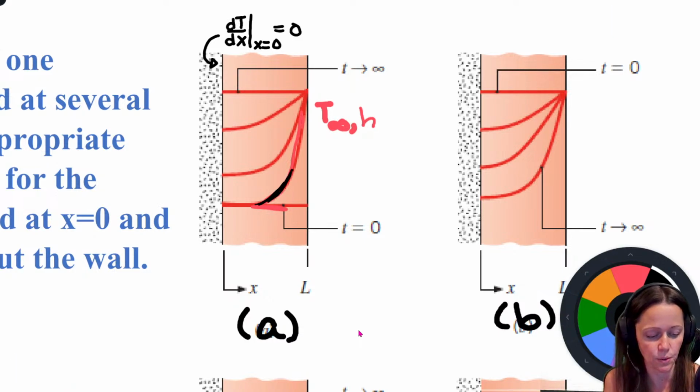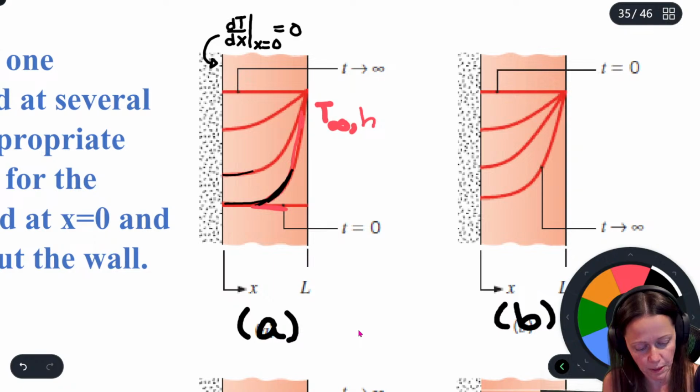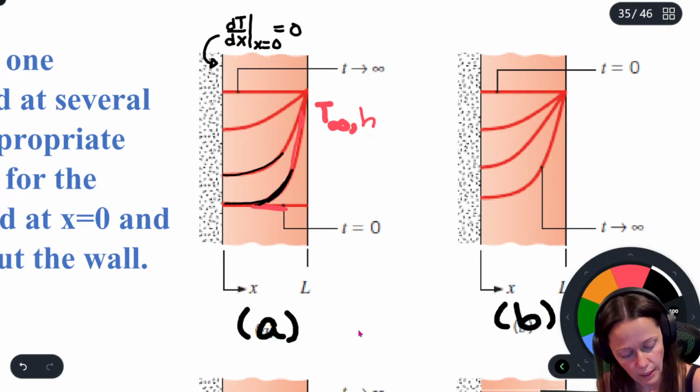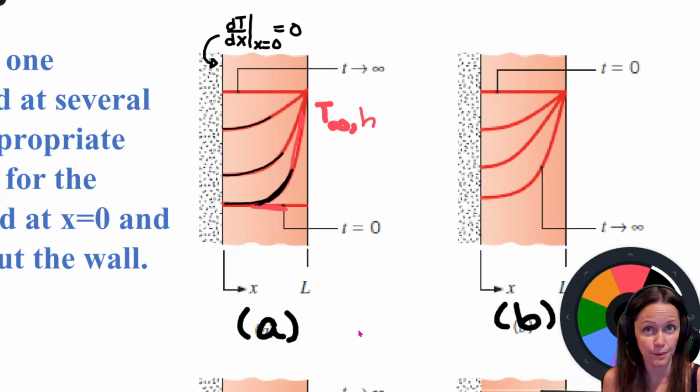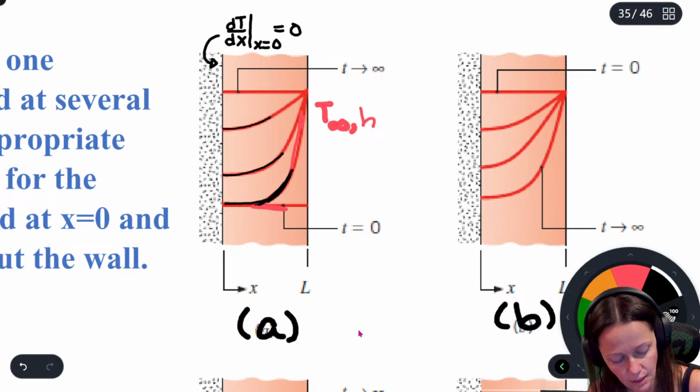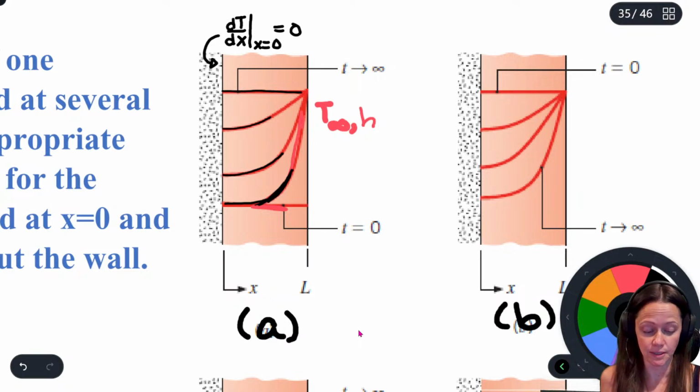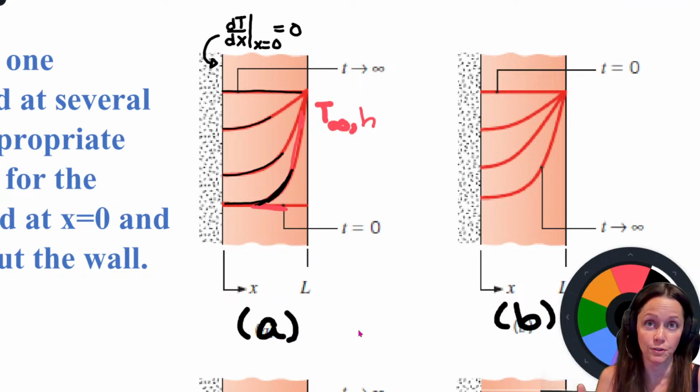A little bit later, temperature is coming up a little bit more closer to that wall, until finally, as time goes on and on, they reach steady state conditions, right? At some point, the temperature of that wall will come into equilibrium throughout with T infinity.